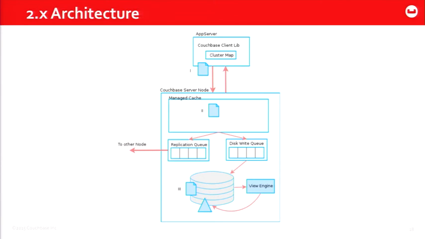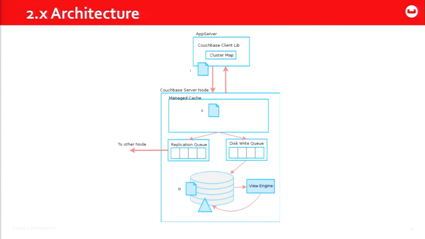We have our managed cache. It's not the complete architecture, it's just to explain it a little bit. We have the managed cache here, and as you know, we replicate using a replication queue over to other nodes. We write by default asynchronously to disk using this disk write queue, and in 2.x, the view engine is picking up the changes from disk.